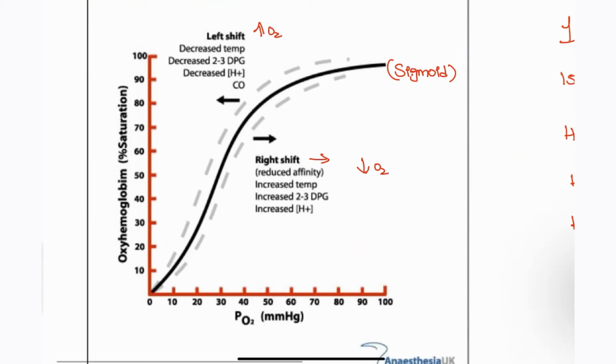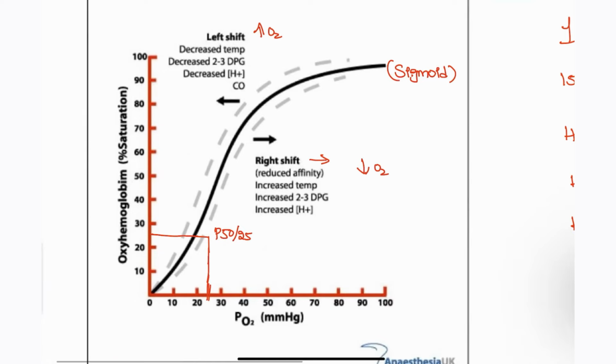The normal point will be P50, exactly at 25 mmHg. Okay, this is the normal P50 of 25 mmHg. If it is shifted towards the right side, it is more than P50. If it is shifted to the left side, it is less than P50.